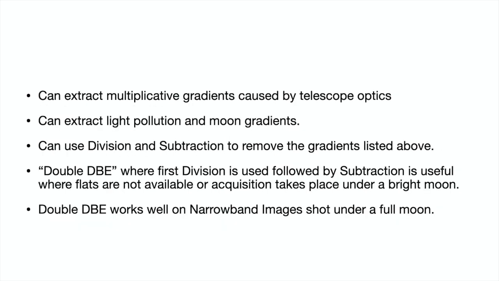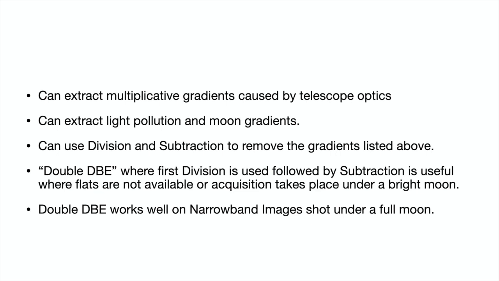In terms of the removal of gradients, there are two options. You can use division and you can use subtraction to remove the gradients listed above. There is a process which is known as double DBE, where first division is used, followed by subtraction.